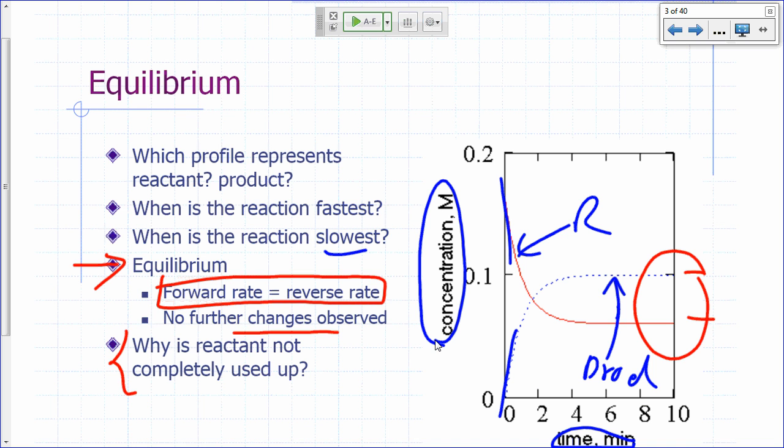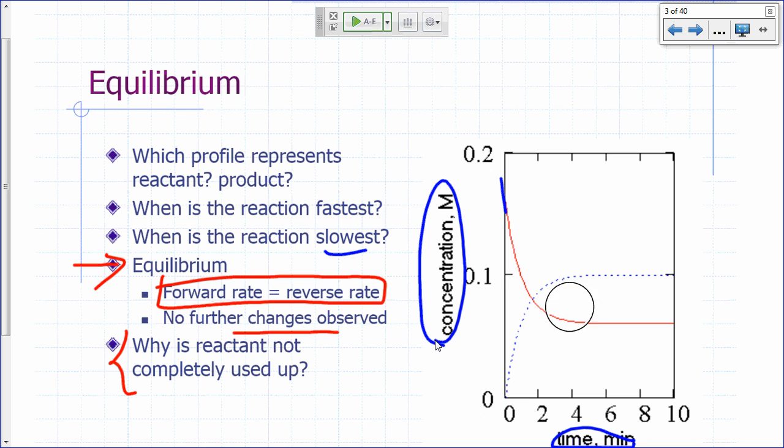Why is the reactant not completely used up in this particular example? You'll notice your reactant levels off at some value, not zero. Typically that would be the case because it depends on how fast the forward and reverse reactions occur.